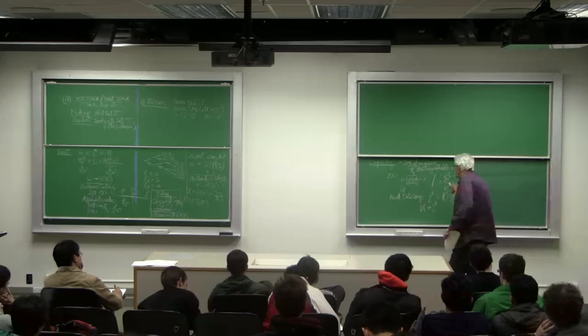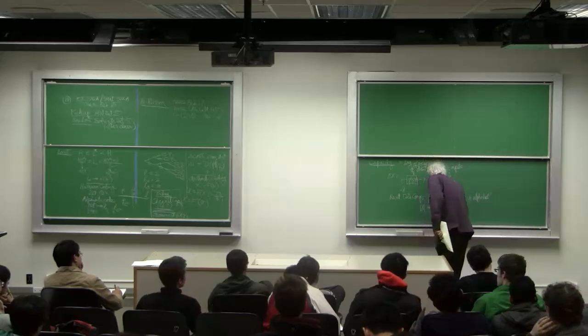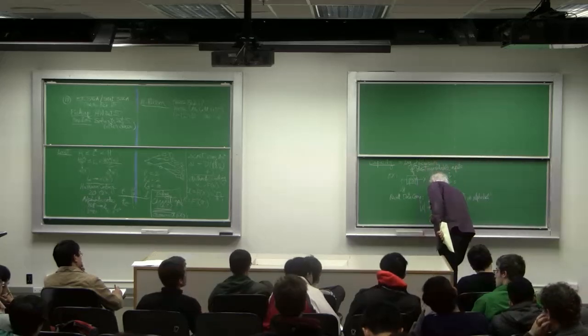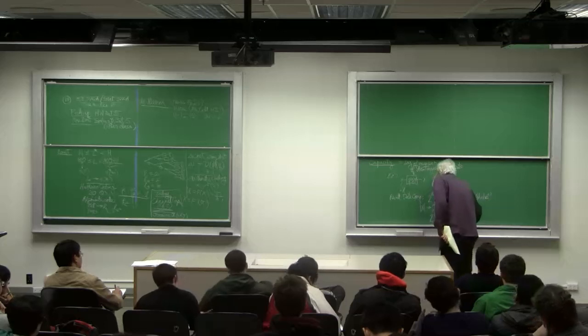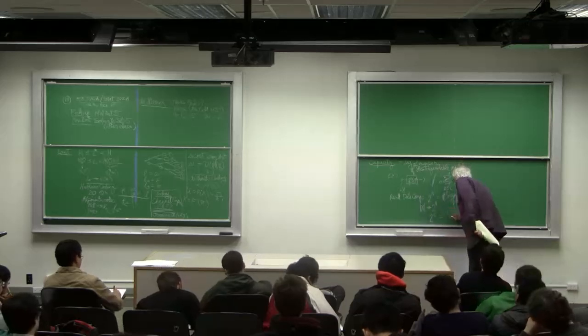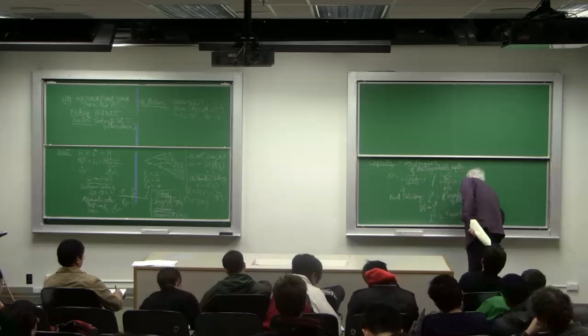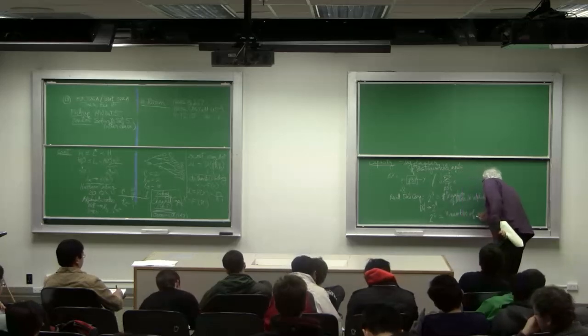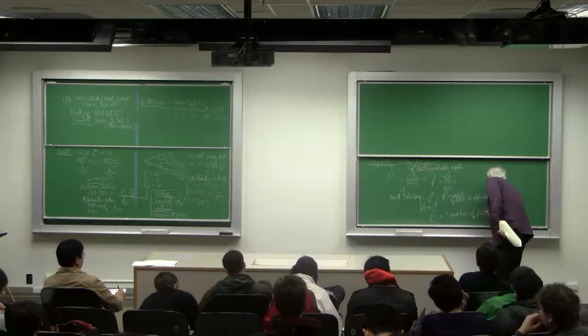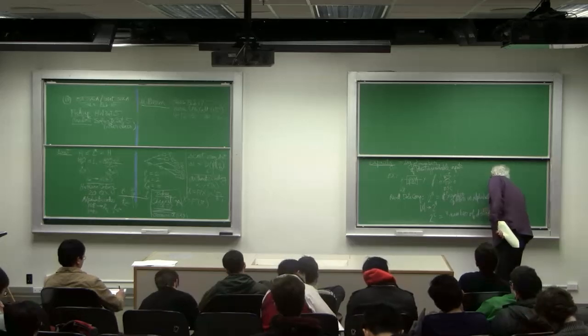Well, similarly, 2 to the C equals the number of distinguishable inputs.